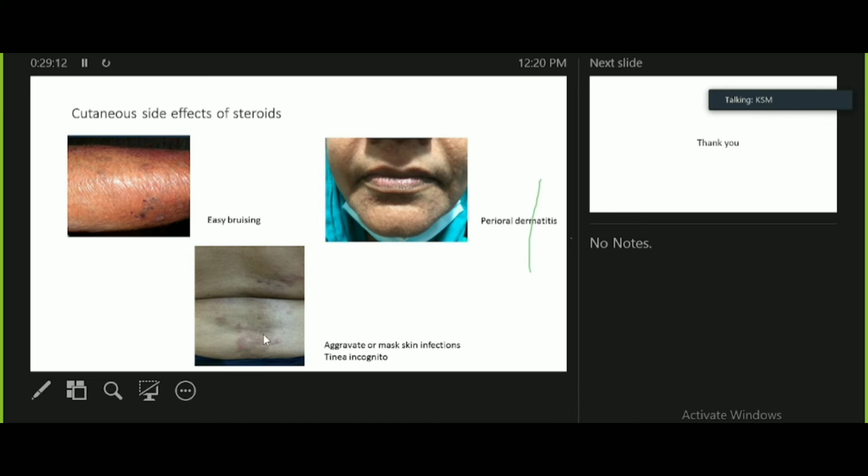And these steroids aggravate or mask skin infections. This is tinea incognito, and they also aggravate pityriasis versicolor, the Malassezia infection, and also HSV infection. So we have to always have an idea whenever we prescribe a topical steroid cream. You have to know where to apply and what the potency is to prevent all these side effects.